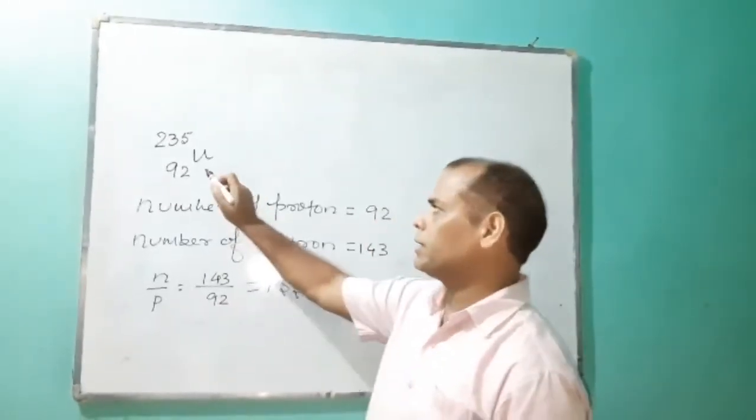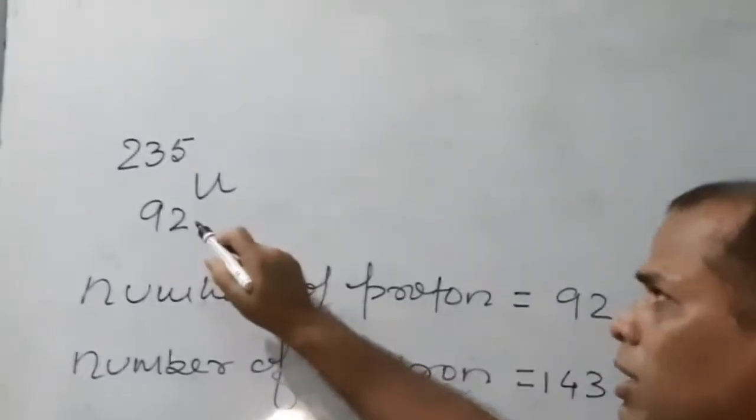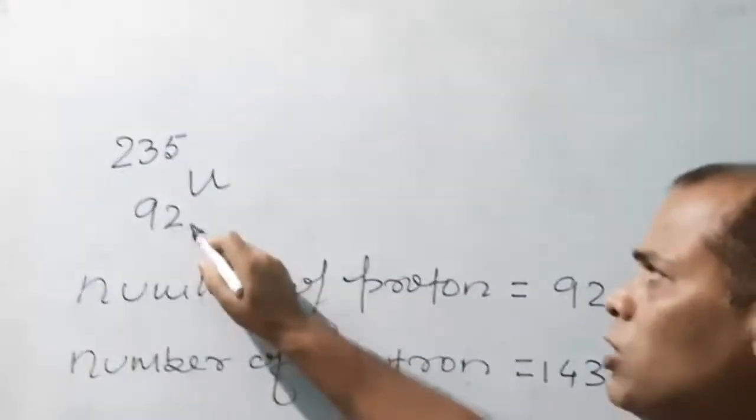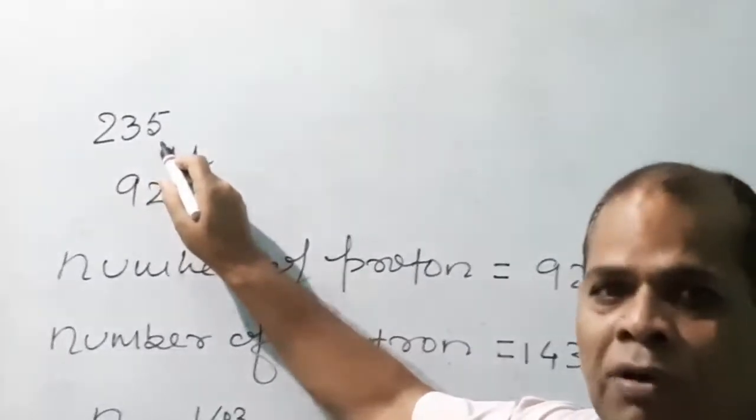But if you take an example of uranium, its atomic number is 92 and the atomic mass is 235.